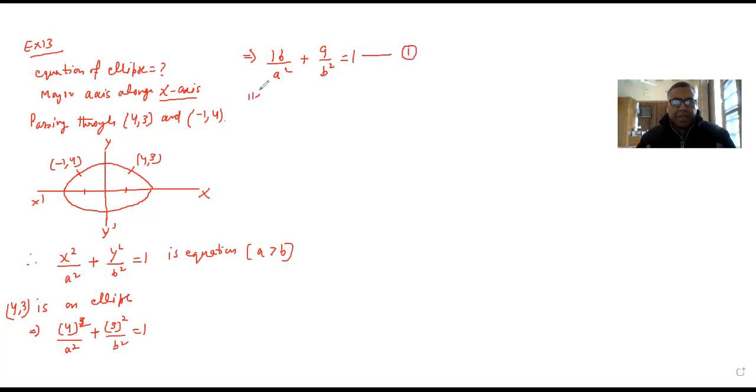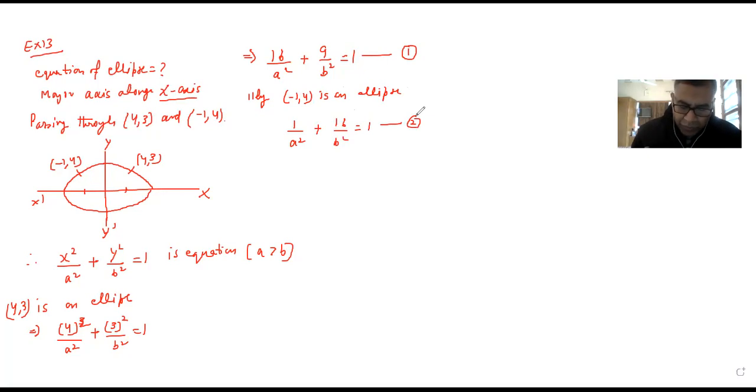Similarly, (-1, 4) is on the ellipse. So 1 upon a square plus 16 upon b square is equal to 1. Let it be number 2.